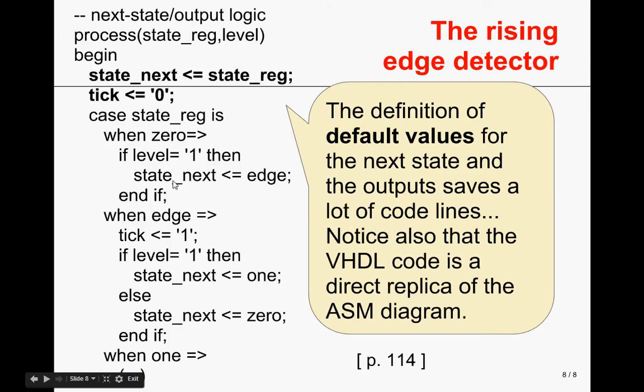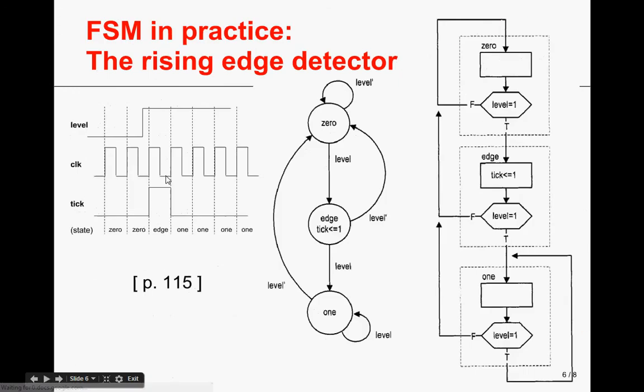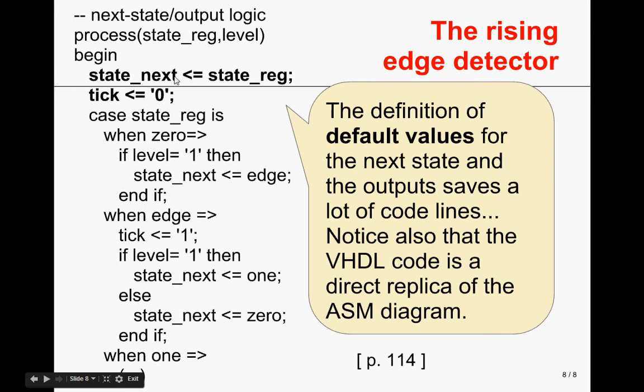And this is what is defined here. If level is equal to 1, then state next is edge. Notice that we don't have to say else go to 0 because this has been defined by default. The current state is the next state by default.